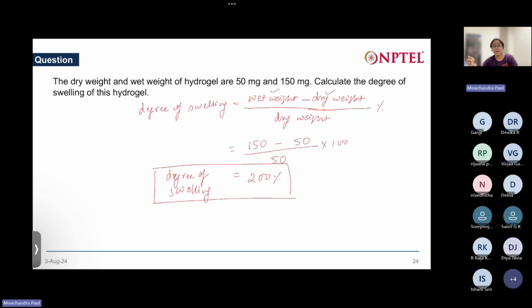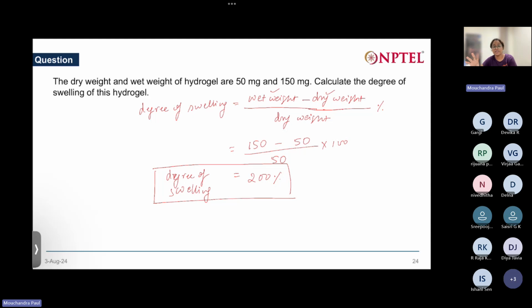We culture our cells within the hydrogels for a longer period of time, and we want to know how much the swelling property is affected when culturing for a long period, like 14, 15, 20, or 30 days. Will the structure undergo degradation? If it starts to degrade, if the structural stability gets compromised, then obviously the degree of swelling will reduce.